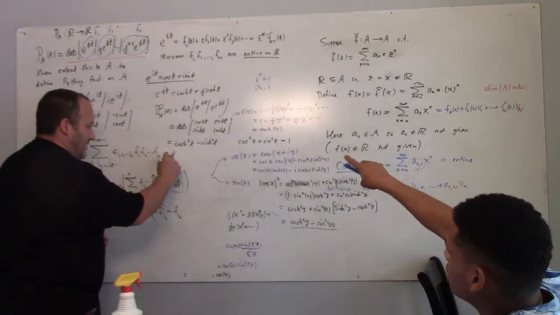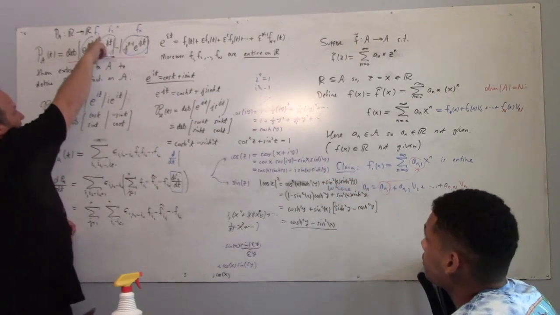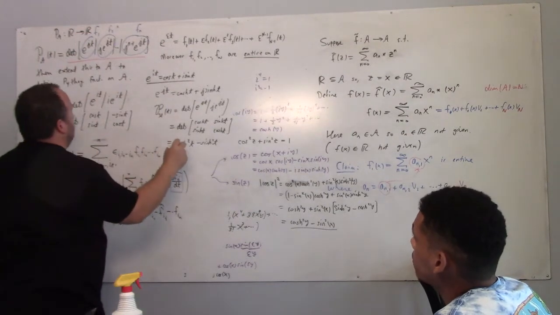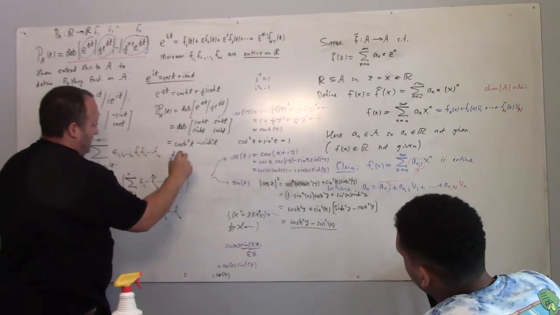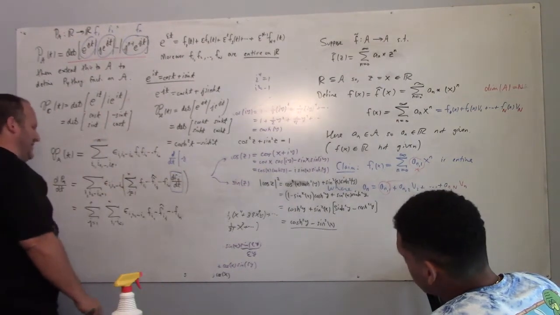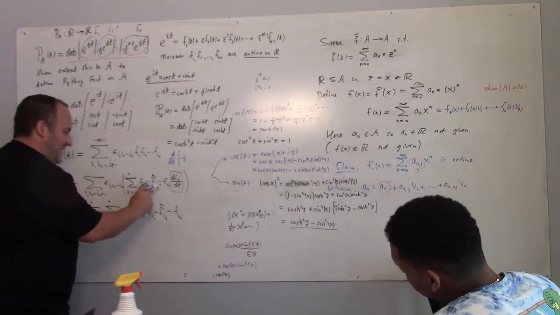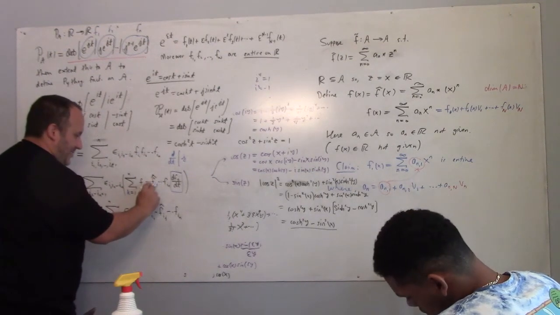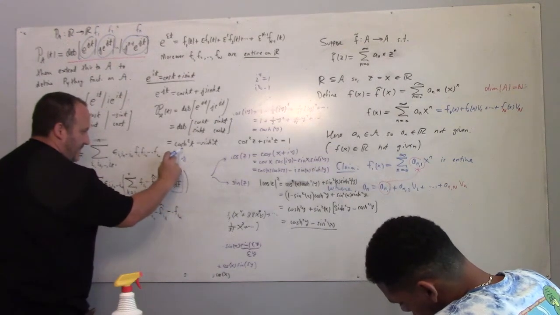Well, f sub j, no, I can't use j as an index here, it's a dummy. So it's f sub k, right? That's k.